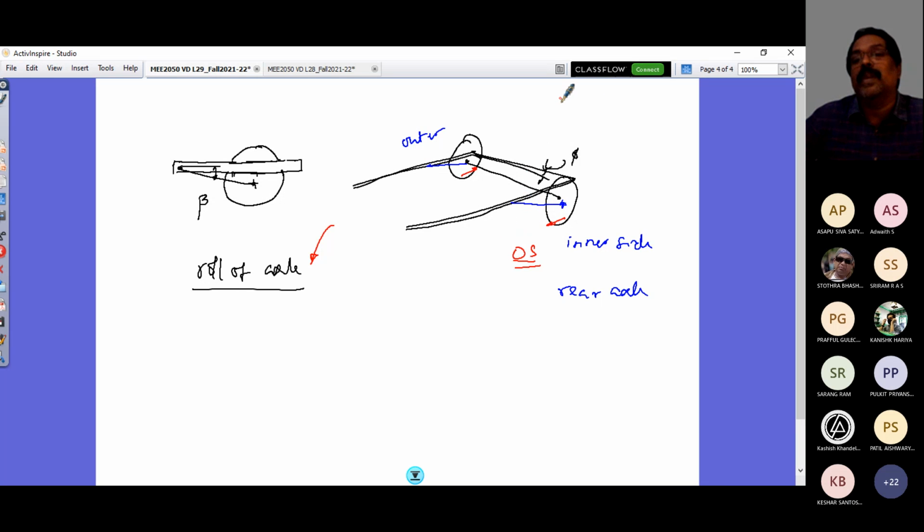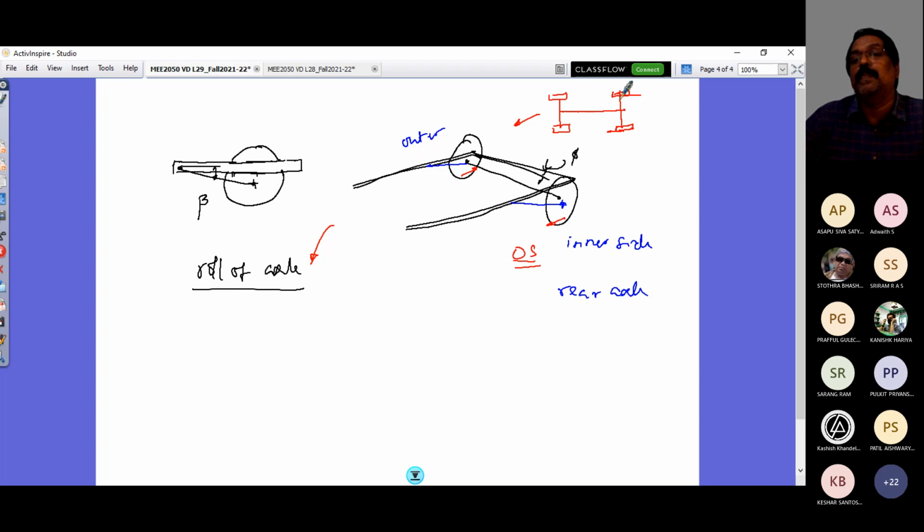Imagine our bicycle model, or your schematic diagram of the vehicle. So this is my front axle, and this is my rear axle, right? If the vehicle takes a turn like that, and this is pushed like this and this is pulled like that, this is taking place in a turn.